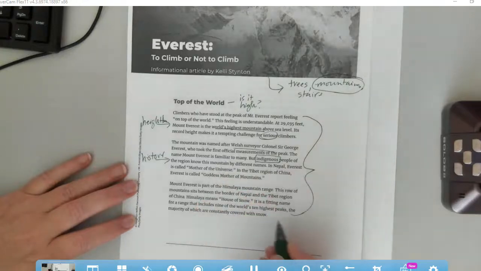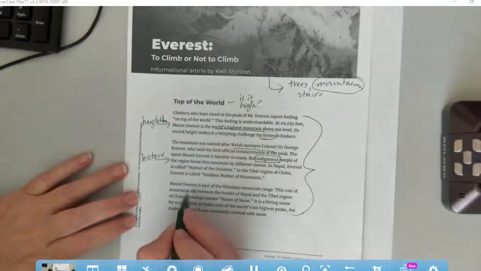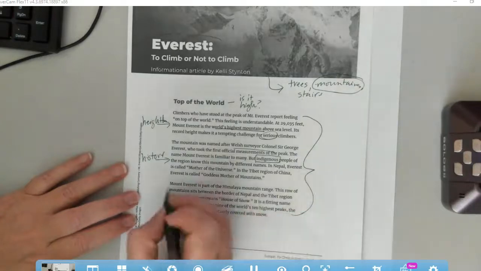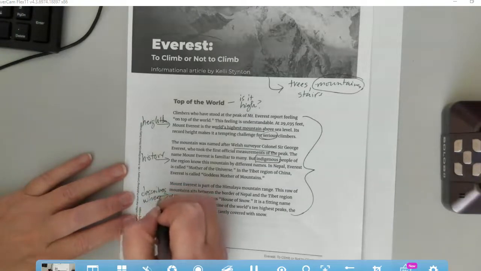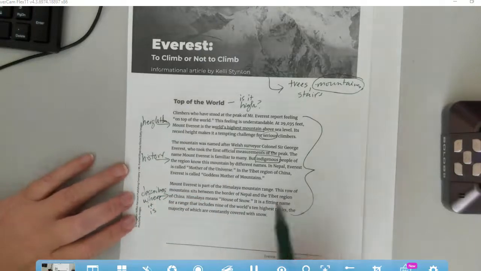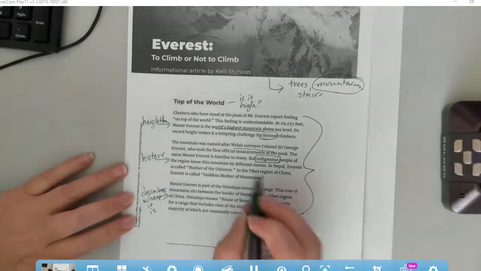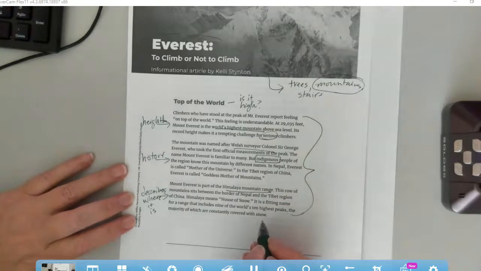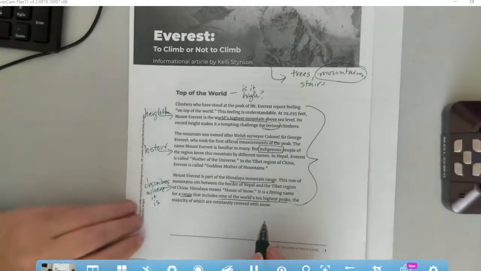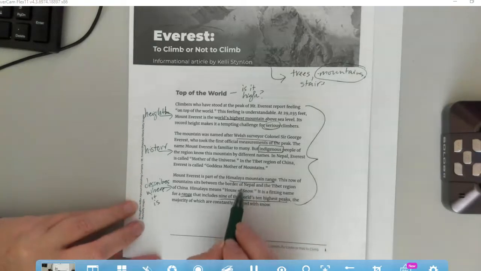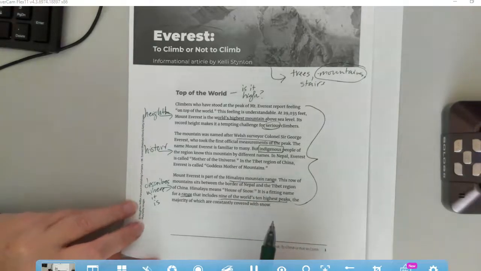I still need to look up indigenous. And then this one describes where it is. So it's part of the Himalaya mountain range. 9 of the world's 10 highest peaks are in that range. So all of these mountains are really tall, the majority of which are constantly covered with snow. That's why they call it the House of Snow.